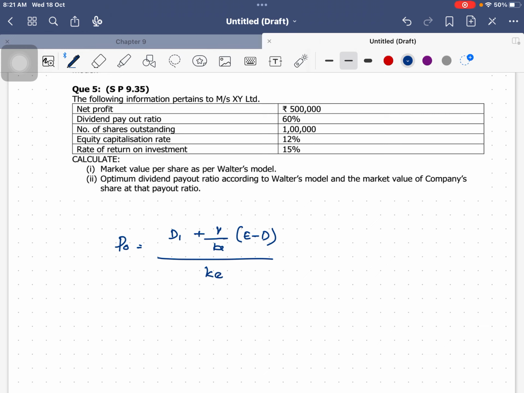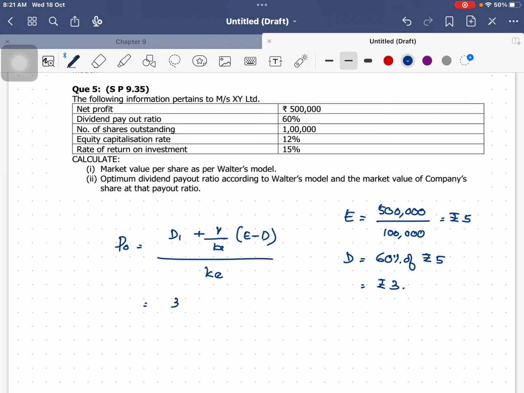The number of shares is given, so E is 5 lakh divided by 1 lakh, which gives rupees 5 per share, and dividend is 60% of rupees 5, so that is rupees 3.